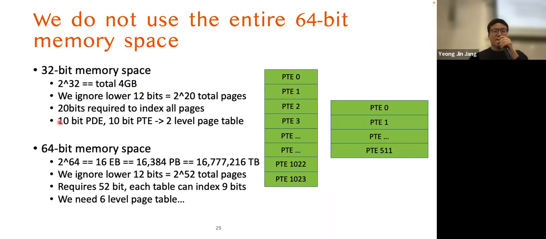That's why we translate the top 20 bits, using the top 10 bits for indexing the page directory and the middle 10 bits for indexing the page table. In a 64-bit computer, that number needs to change a little, because we only need 9 bits to index the page directory and page table, since we will only have 512 entries in there.